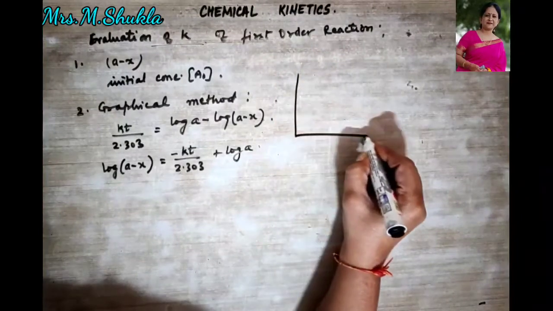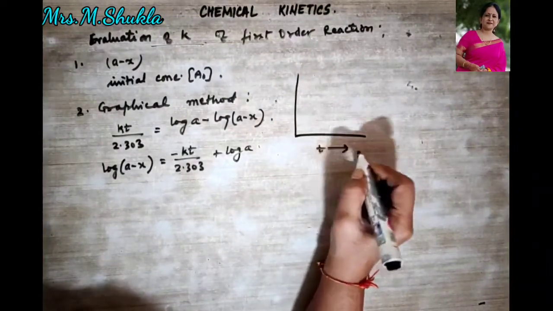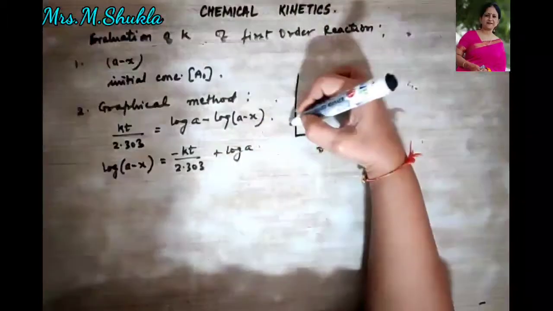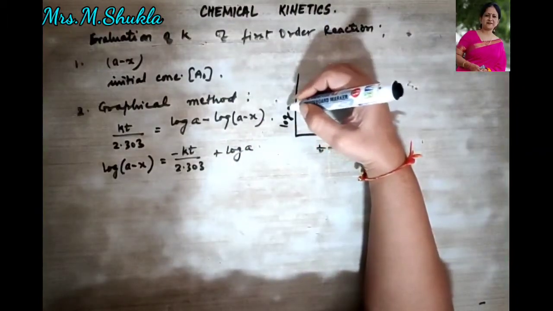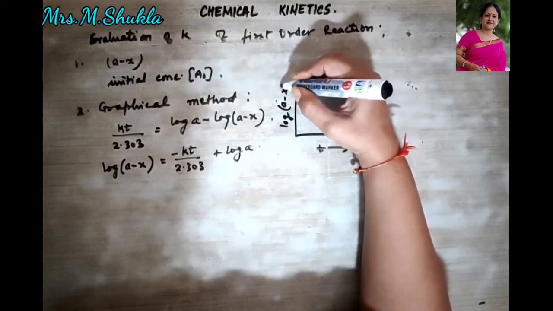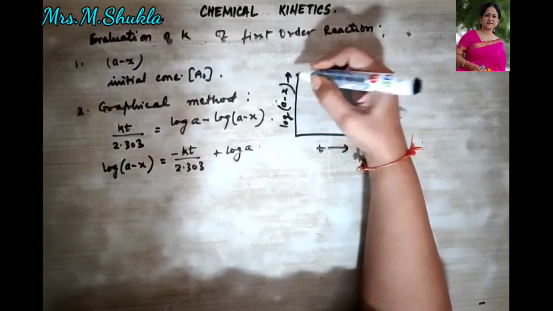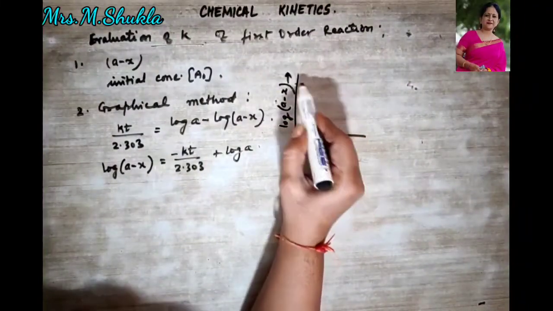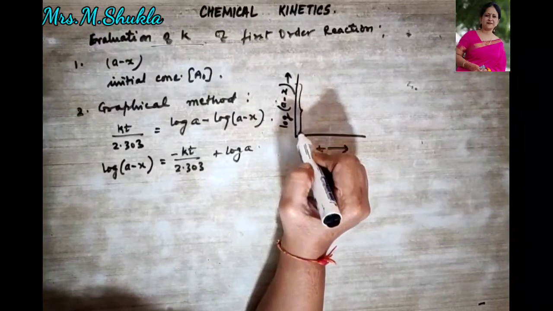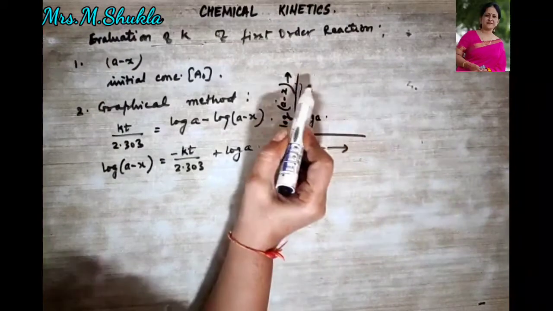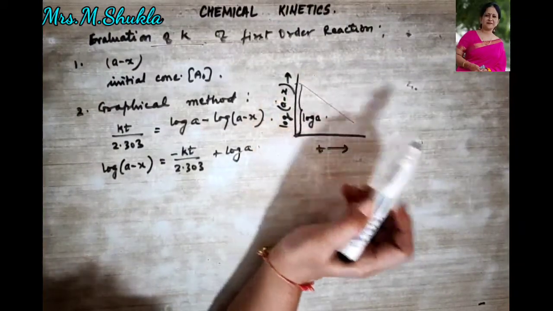carefully. This is your time t and this is your log (A minus X). Okay, and suppose this is the concentration over here and this is your log A. Then you get a straight line like this.